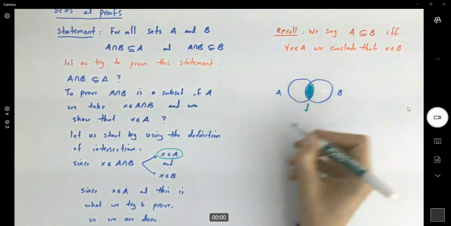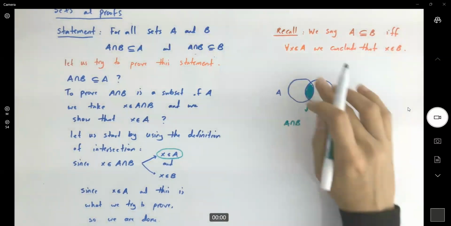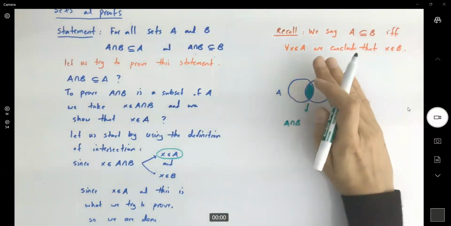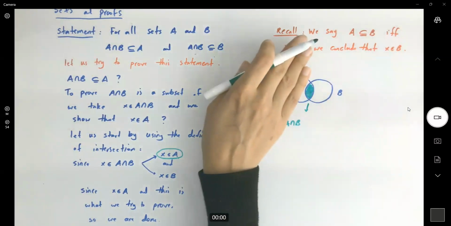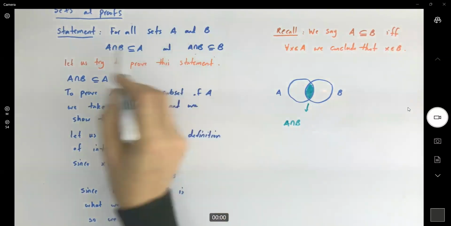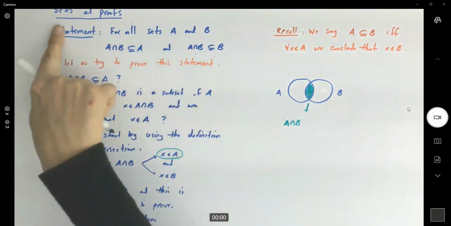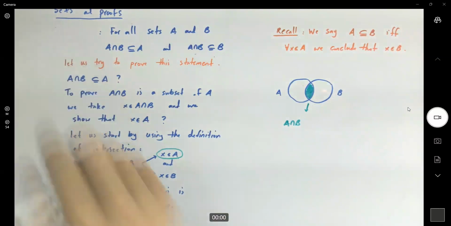This is A intersection B. As you can see, it's included in set A, and also it is included in set B. So now this statement is changed into a theorem.